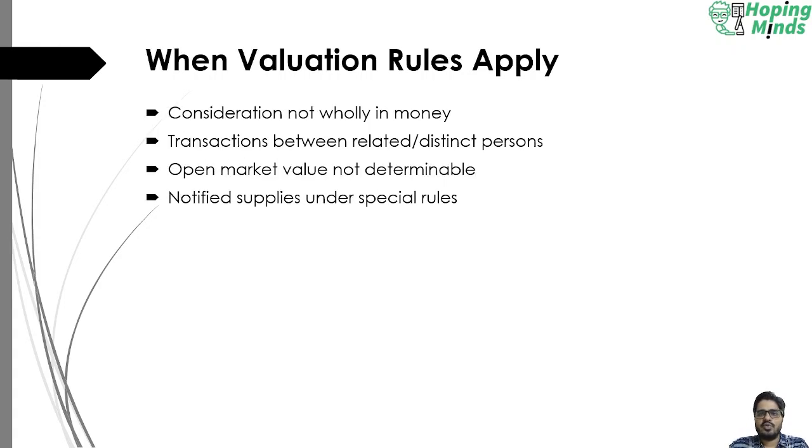Next, when the valuation rules shall apply. When the transaction value cannot be determined under Section 15(1), then the valuation rules shall apply. First, we have Rule 27, where the consideration is not wholly in money. Valuation is based on open market value, or the sum of monetary or non-monetary considerations if the open market value is unavailable or the market value of like kind and quality is not available.